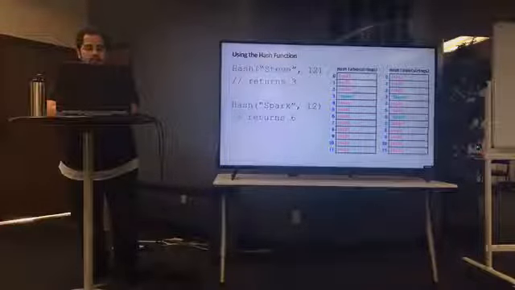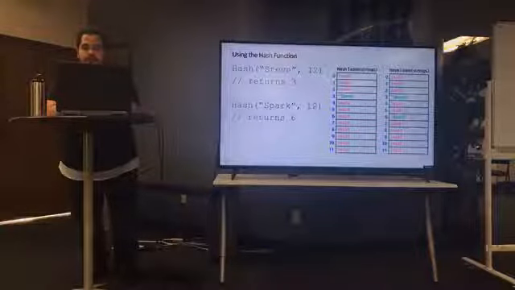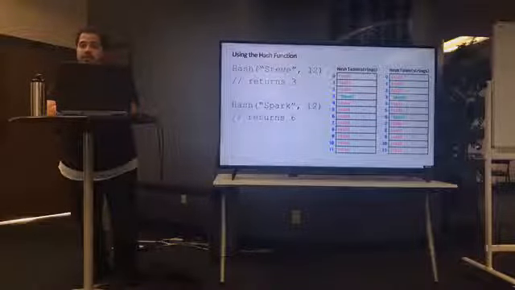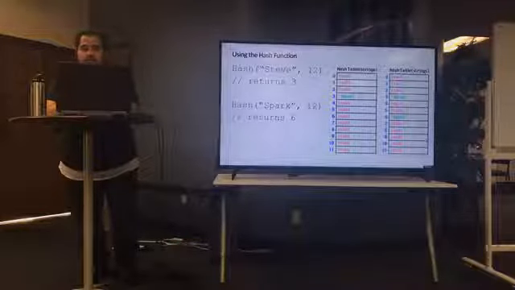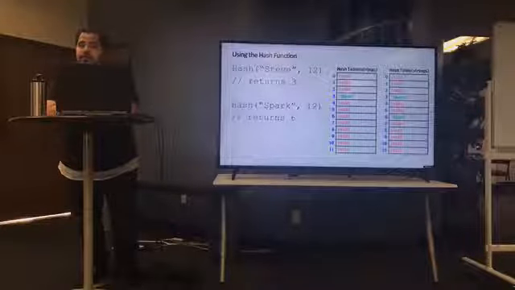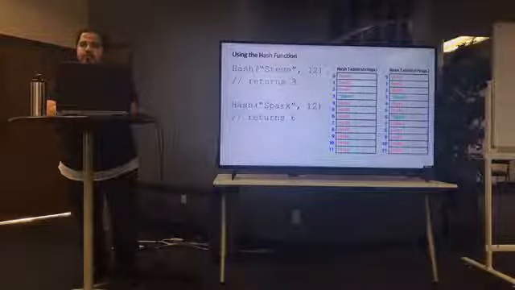That's going to return 3, okay? So the 3 we're going to use as the index, and we're going to input it in there. The next one is a string called spark. Again, hash with the table size, and it's going to return 6. So that's the index we're going to use now, and we're going to put spark in there. Does that make sense so far?